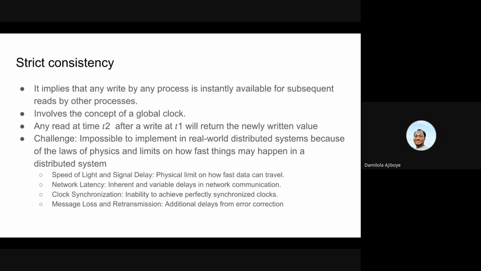Even with fiber optics, there are still some nanoseconds involved. So there would always be some delay in real systems. Network latency, and our protocols are not perfect. TCP, for example, has error corrections and retransmissions, or packets can get lost and then have to be retransmitted. These are all issues at the physical layer that make this particular model impossible. You can't have instant updates or synchronization across all the nodes in the network. That's why strict consistency is said to be impossible.